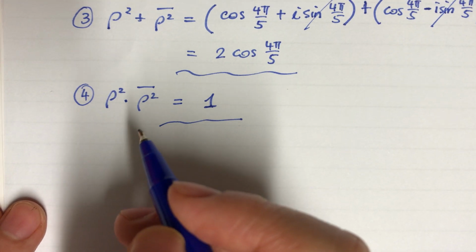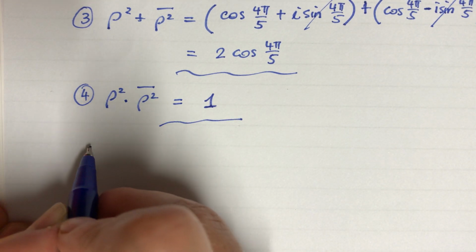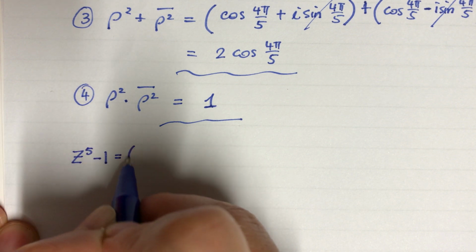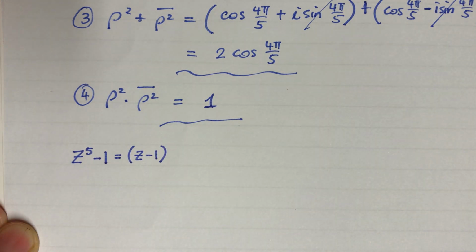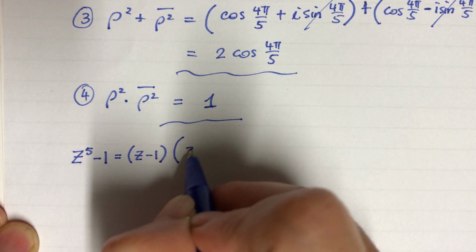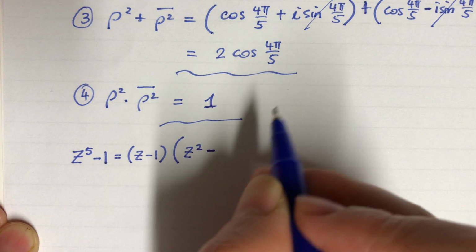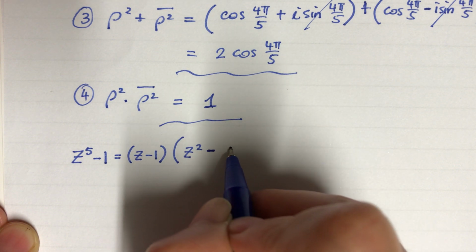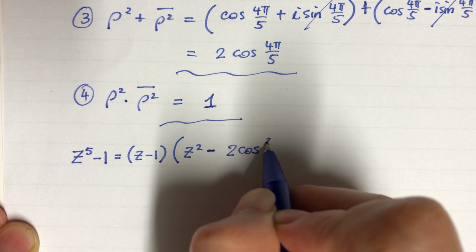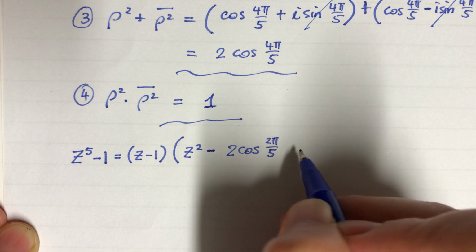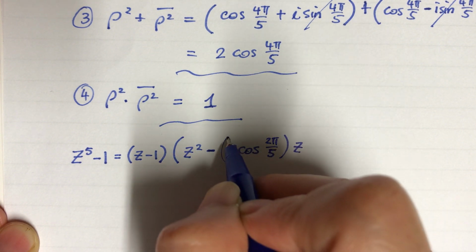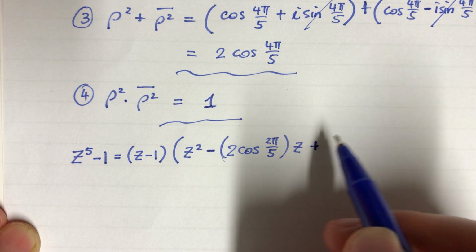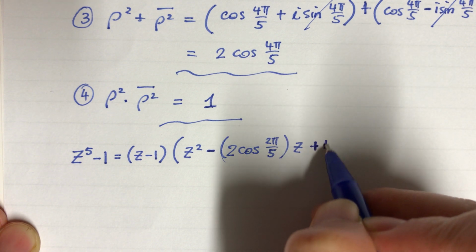So, z to the power of 5 minus 1 equals z minus 1, that's the linear factor. And then z squared minus, now rho plus conjugate rho was 2 cos 2 pi over 5, times z, plus the product of rho and conjugate rho, which was 1.